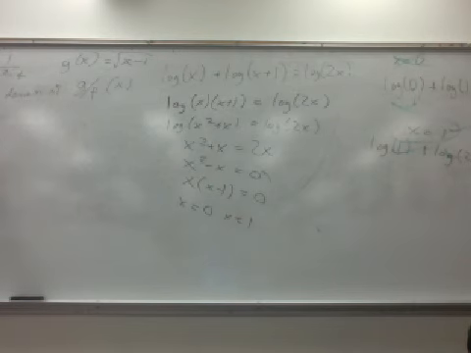Well, the domain of f of x: it's a rational function, so whatever's on the bottom cannot be 0. So x squared minus 4 cannot be 0, so x squared cannot be 4, so x cannot be plus or minus 2. That's the domain of f of x. If you have a rational expression, something with x in the bottom of the fraction, then whatever's in the bottom cannot be 0.